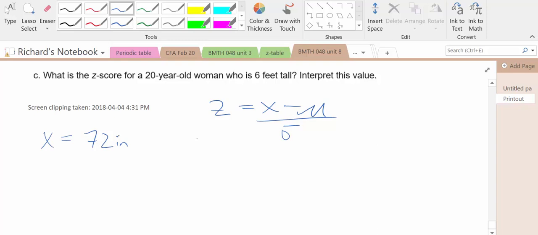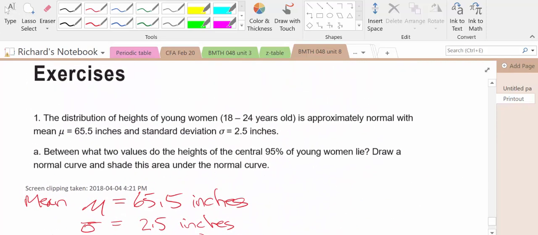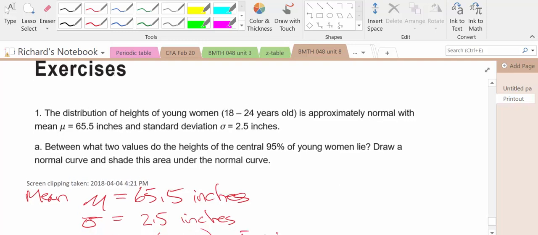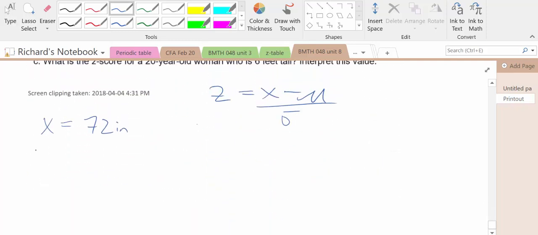That's our value. And now we need to get the mean and the standard deviation. So let's take a look at the question. The mean is 65.5 and the standard deviation is 2.5. So now I'm going to calculate the Z-score.